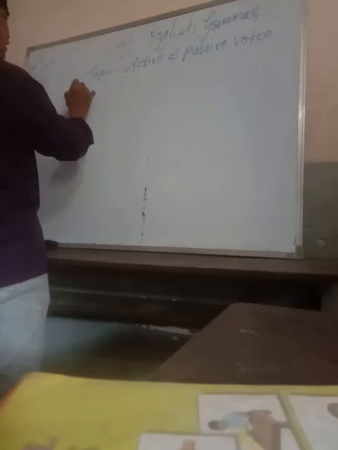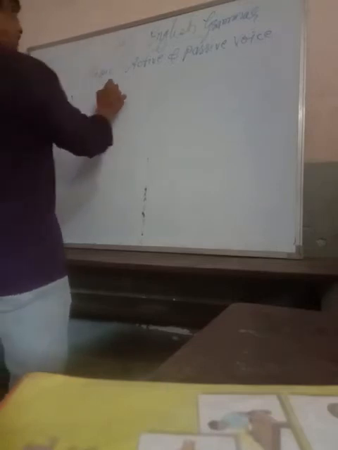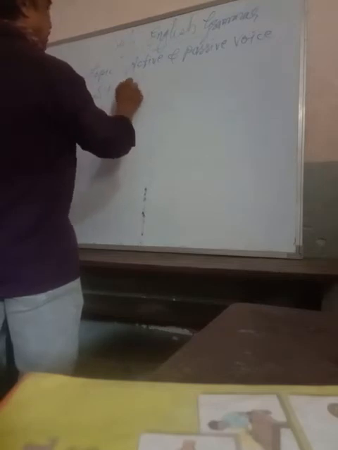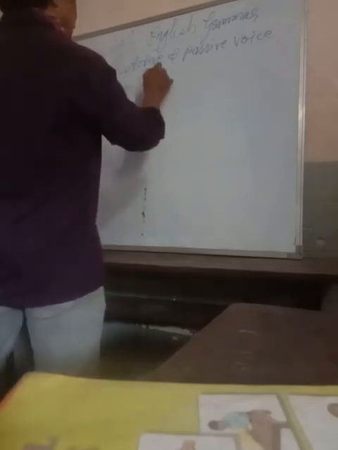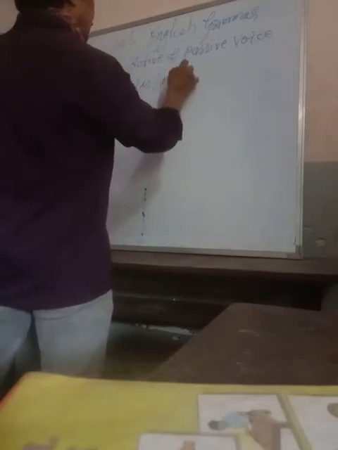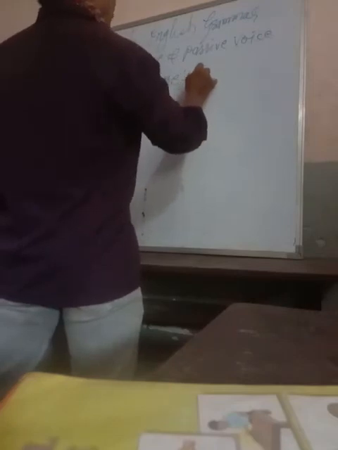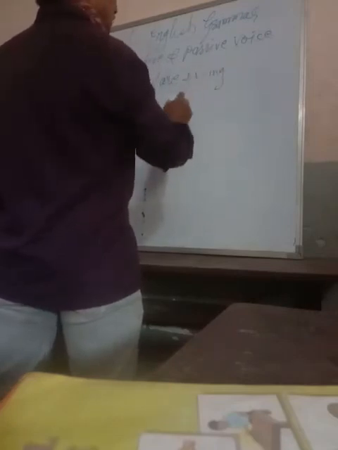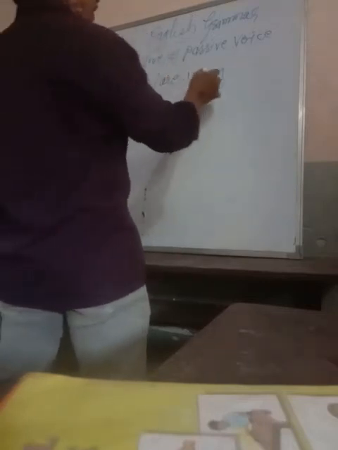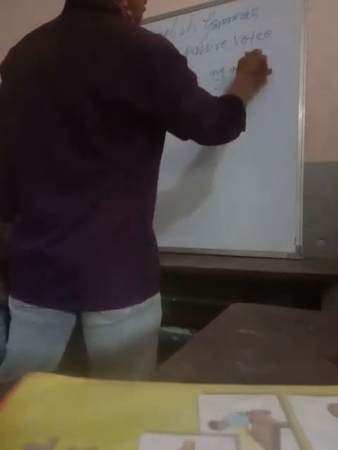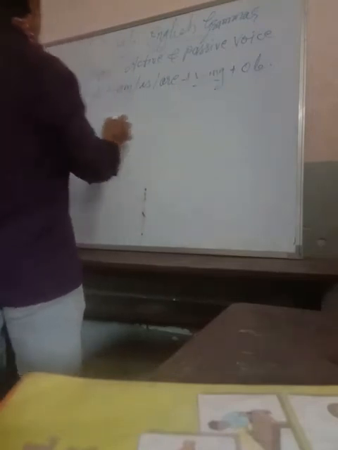Now the formula I am going to give you: subject plus am/is/are, to be form of present continuous tense of present tense, plus V-ing. V-ing is present participle in fact, means verb comes with ing, plus object. So this will be the sequence of present continuous tense.